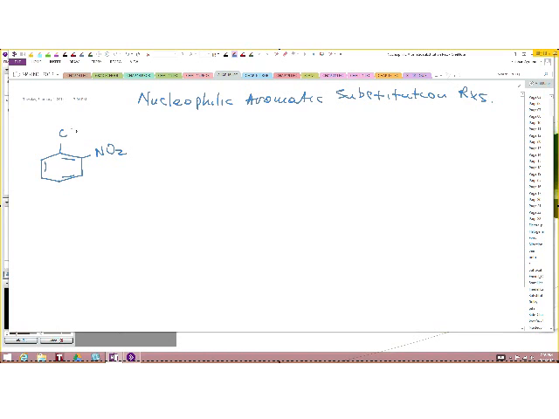In this case, it could be a chlorine atom or bromine atom. Now, if you do that, you have an electrophile, a nucleophile. The hydroxide could be a nucleophile here.